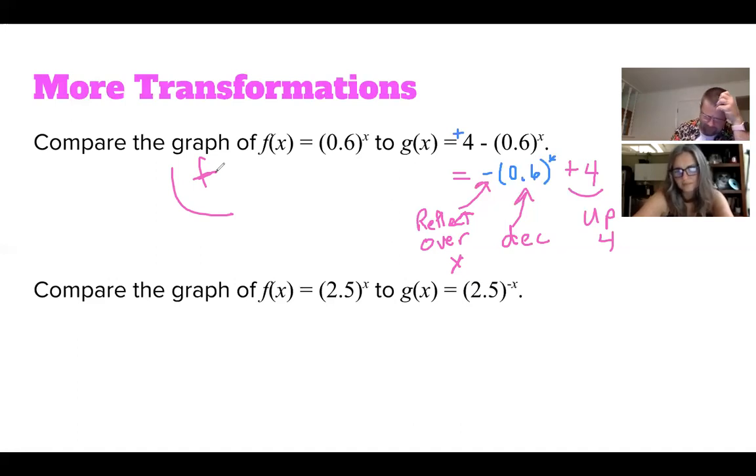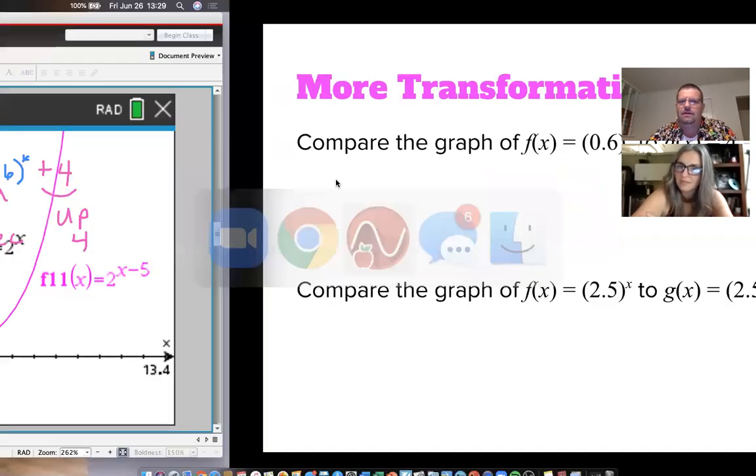If I reflect this guy over, would it be like that? Yep. And so I'm going to have that graph doing this thing, except I'm going to slide it up 4. Let's see if we're right.